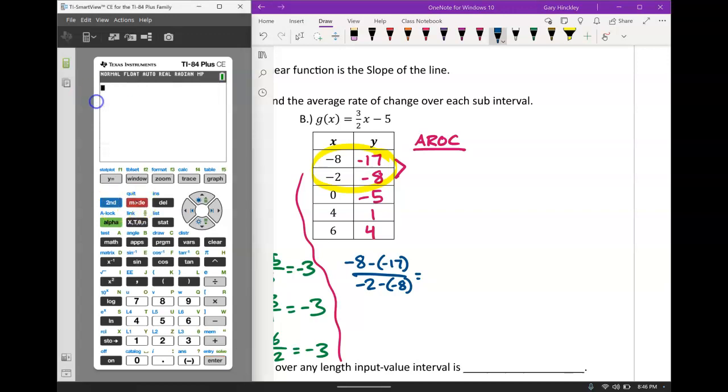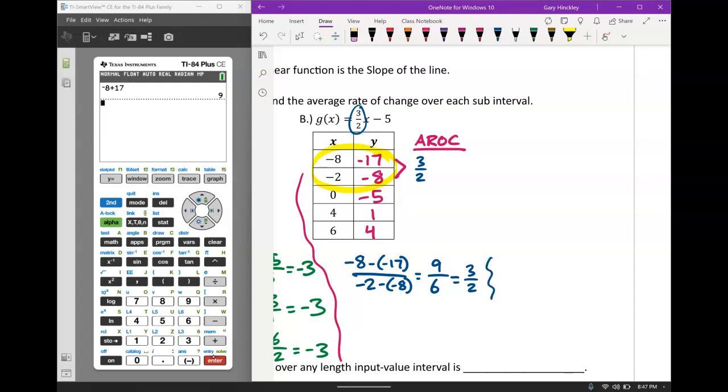So that would be negative 8 plus 17 gives me 9 over 6, which reduces to 3 halves. So again, matching that, 3 halves.